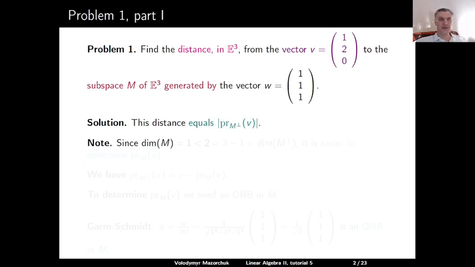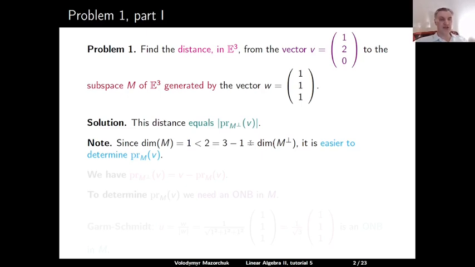However, note that the dimension of M is equal to 1, since M is generated by one non-zero and hence linearly independent vector. 1 is smaller than 2, and 2 is equal to 3 minus 1, where 3 is the dimension of E3 and 1 is the dimension of M. So 2 equals the dimension of the orthogonal complement to M. So the dimension of M is strictly smaller than the dimension of the orthogonal complement to M.